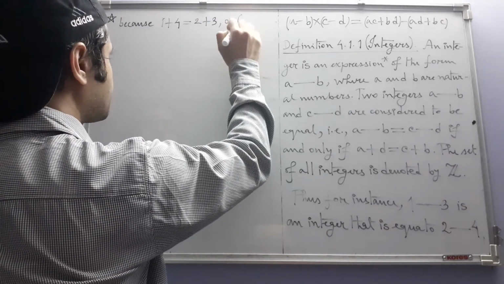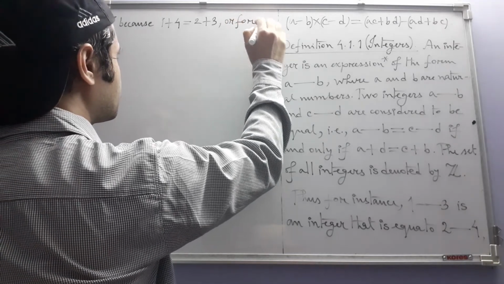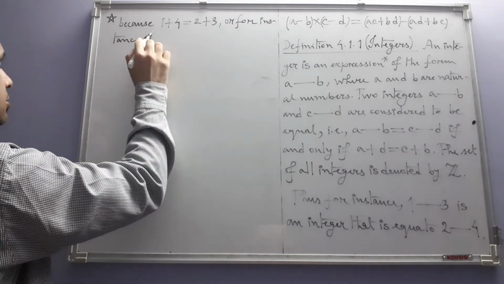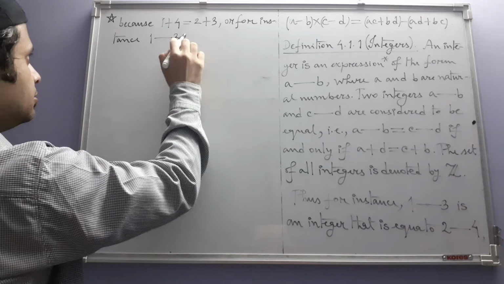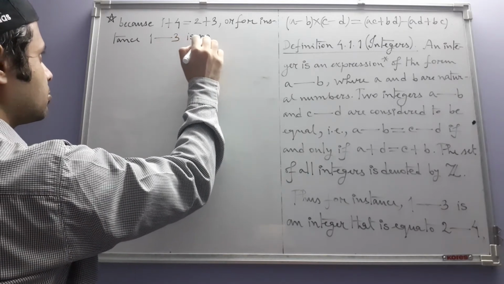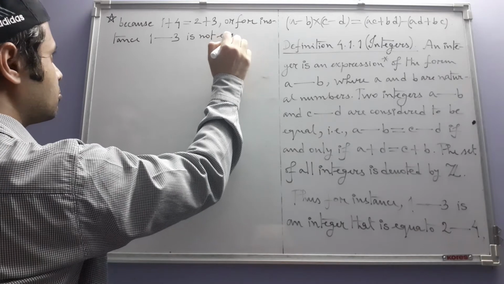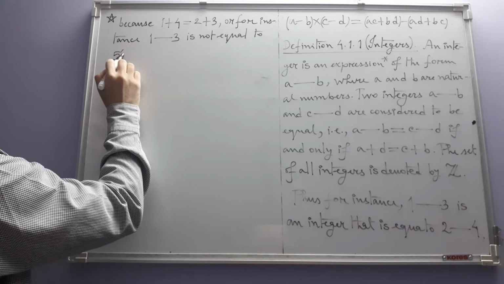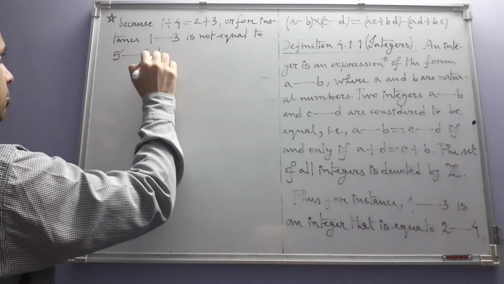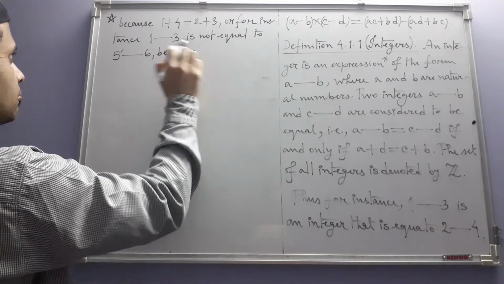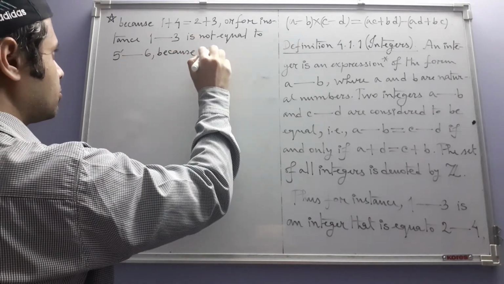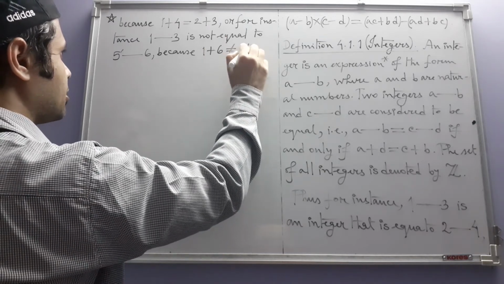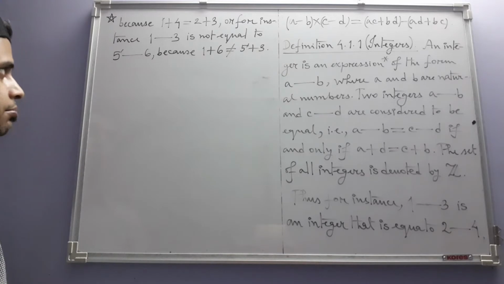Or, for instance, 1-3 is not equal to, say, 5-6, because 1 plus 6 is not equal to 5 plus 3 in the system of natural numbers.